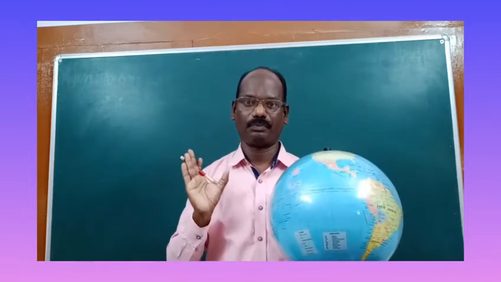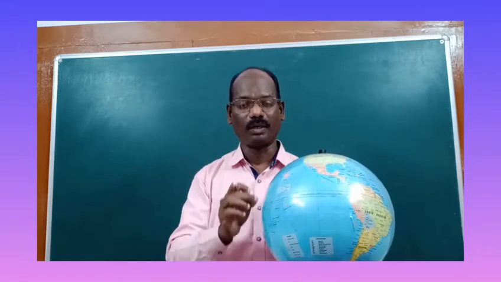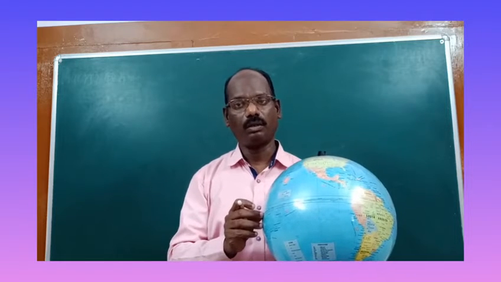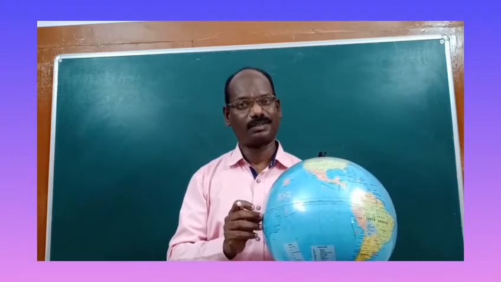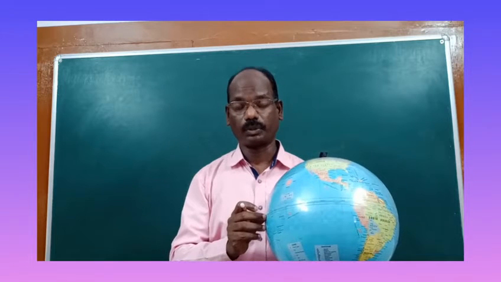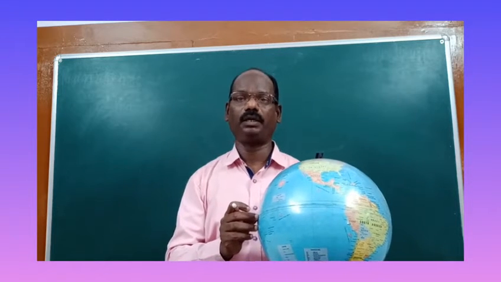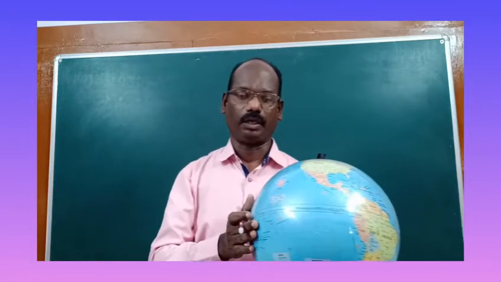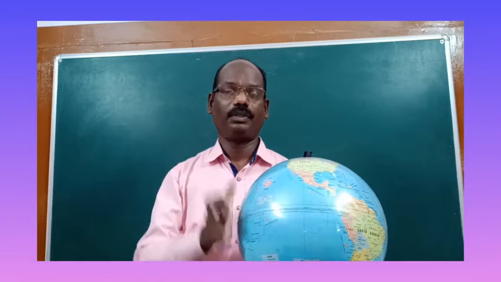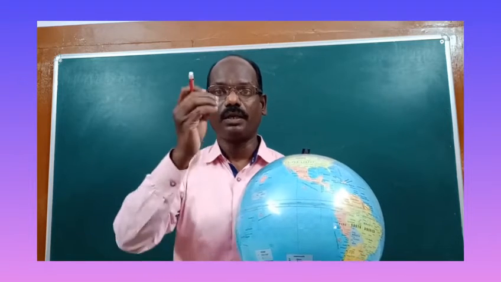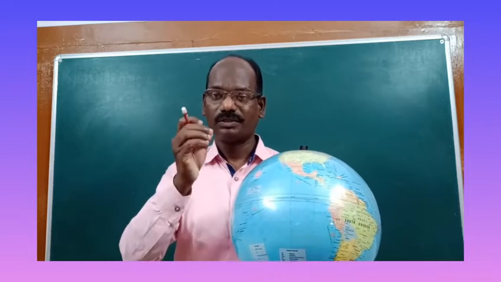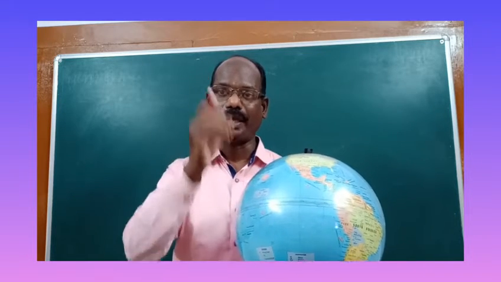In the case of India, the 82.5 degree east meridian is considered as our standard meridian, and when the sun shines just above that meridian, that time is considered as the noon time in India. So all the people of India set their watches according to that time.